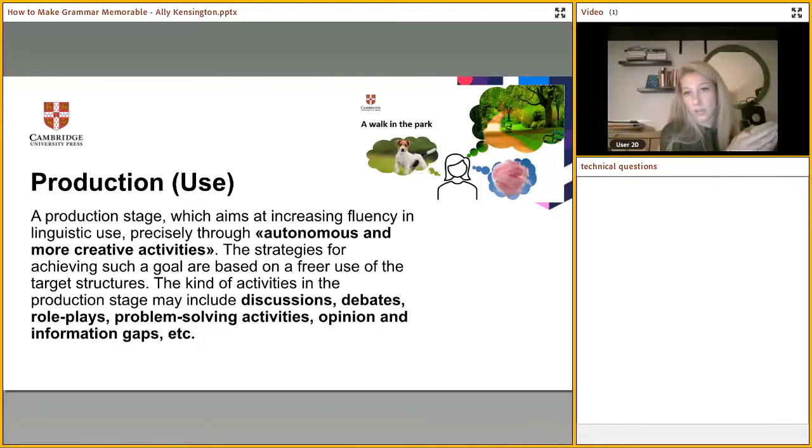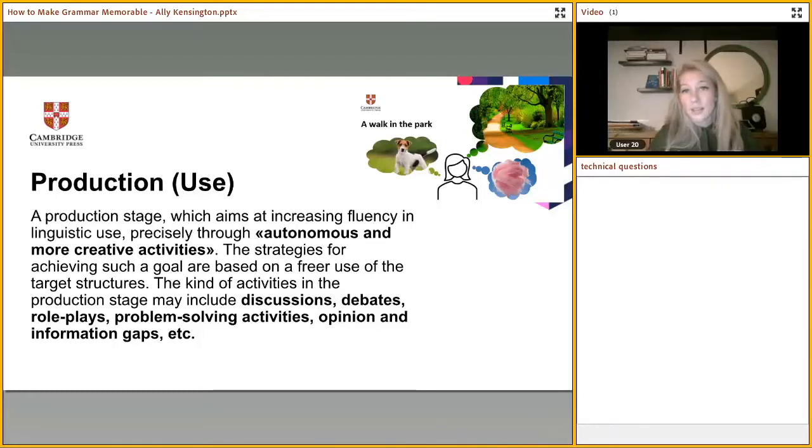Presentation is not free use, and neither is practice. They're both very well controlled activities or learning styles. But when we come to production, it's freer. The kind of activities in this production stage may include discussions, debates, role plays, problem solving activities, opinion and information gaps. Okay, fantastic. We got that as well.